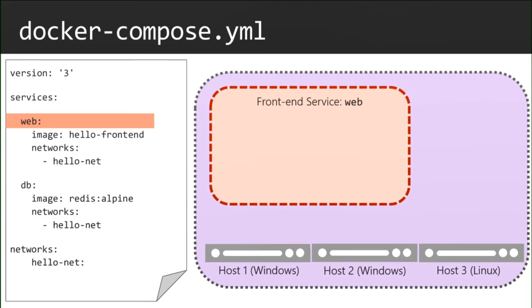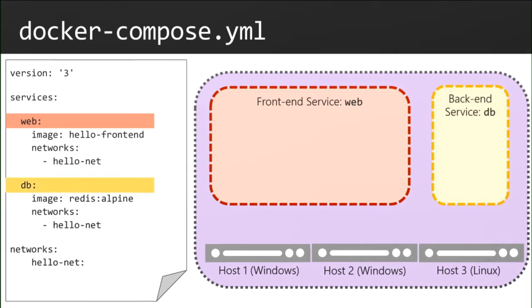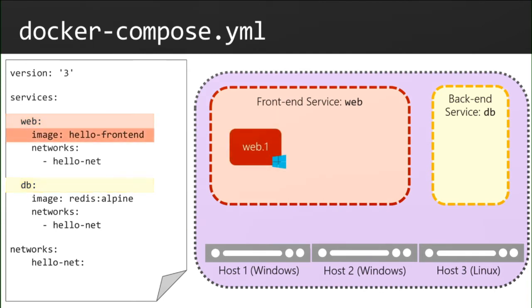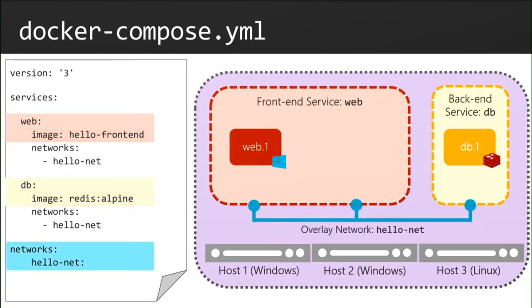In the file, I'm defining that service with the web syntax. Then I have a similar service defined, my backend database service. I also need to define the images in my compose file for each of these services. This line defines the image for my web service, and the next is my image for my backend database service. Now, of course, these need to talk to each other.